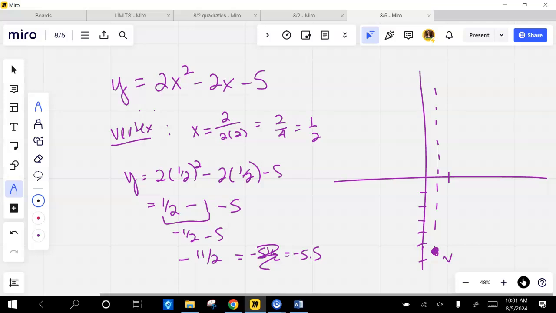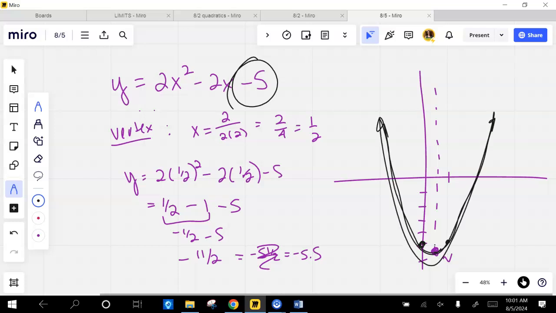For me, it's easier to use what's already given to me, so I don't have to worry about any calculation errors. I'm going to put it at 5, and now all I have left to do is to reflect, half a half, and connect. Ooh, that's a squiggly parabola. Maybe so.